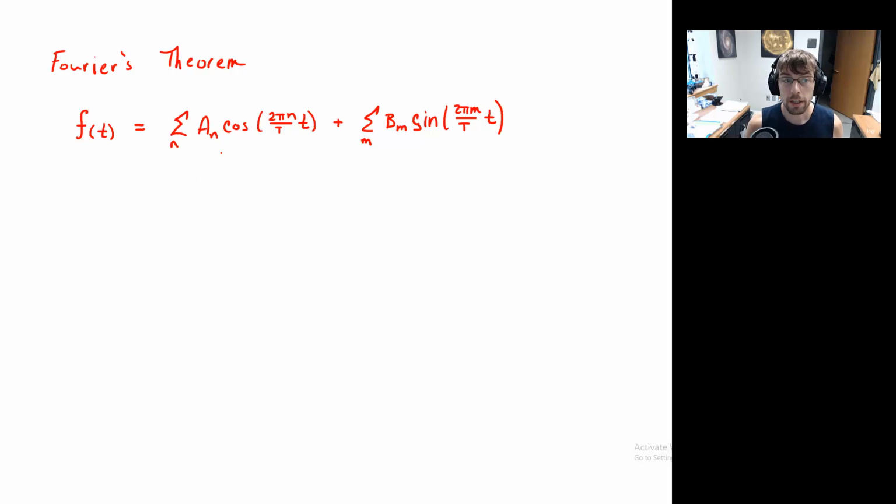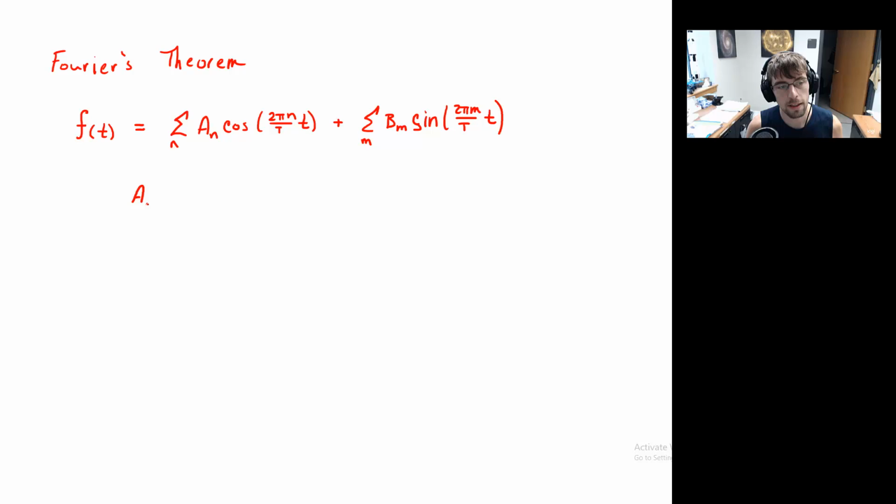Now, Fourier's trick is actually determining what the values of a_n and b_m are, such that you obtain the function that you're interested in. And so we apply Fourier's trick to get those values. Now I'll just write it for a, but the same idea applies for b_m, excuse me.